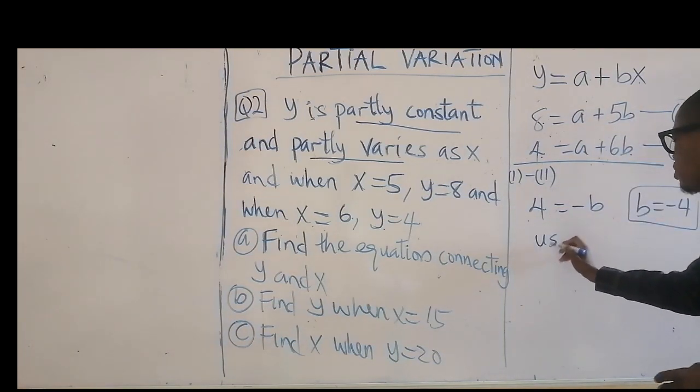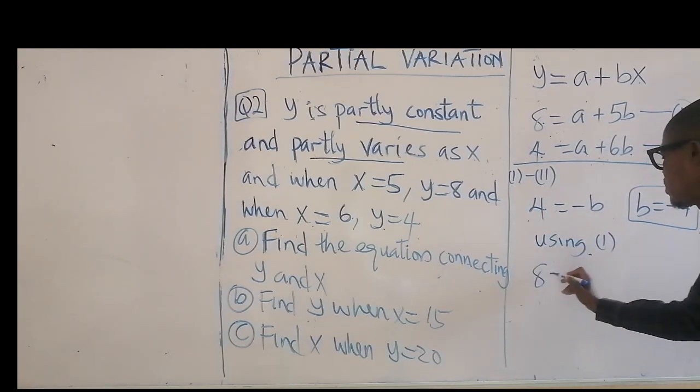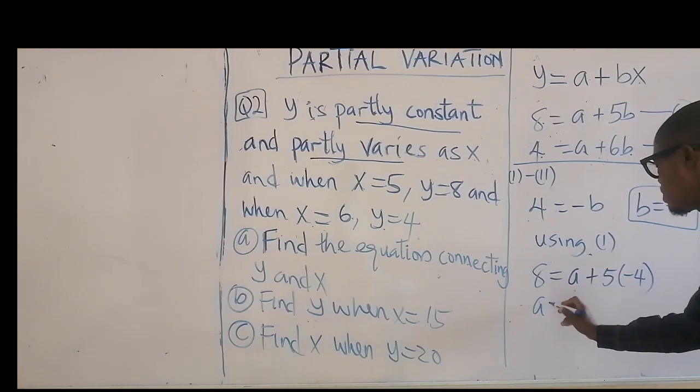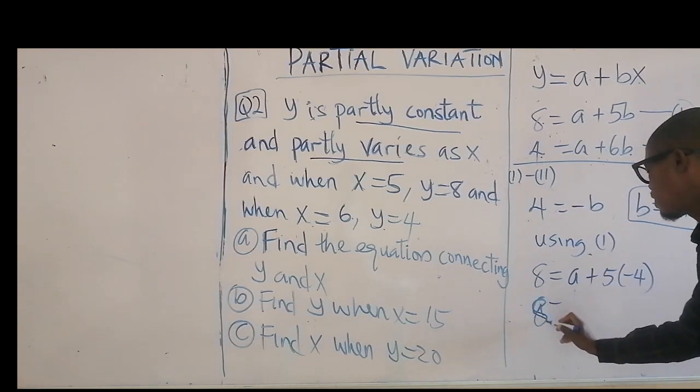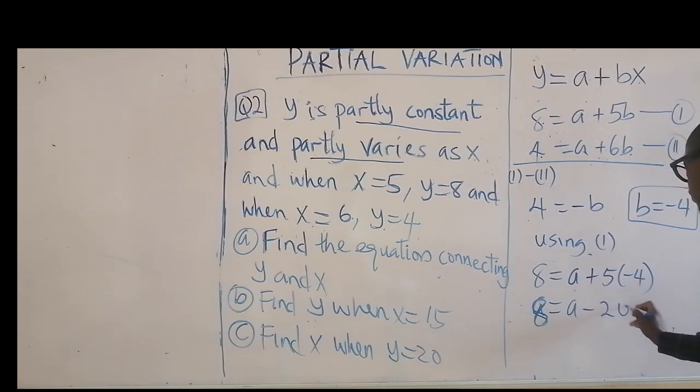So using the first equation, equation 1, we have 8 equal to a plus, my b is minus 4, so plus 5 times minus 4. And that will be 8 equal to a minus 20.